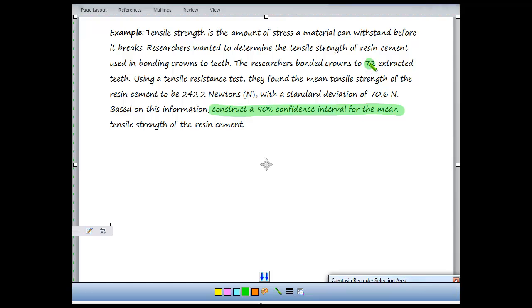So this would not be a population standard deviation. It's only a sample standard deviation. So in this case, we can say that sigma, the population standard deviation, is not known. That's condition one for the t-distribution.